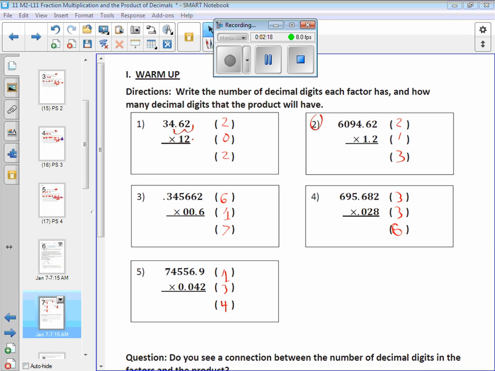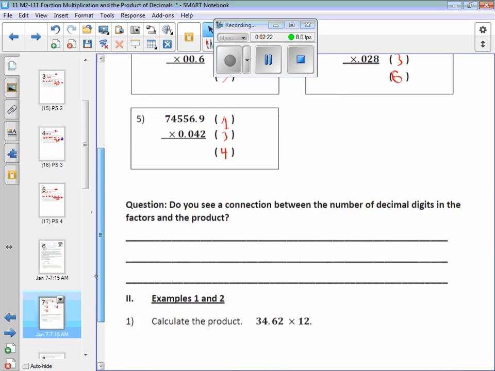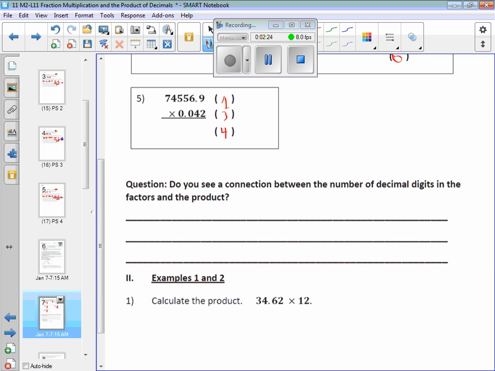Yes. Okay, so the rule is, which we'll summarize here in this next question, is to figure out how many times to move it in the product. You add up the decimal moves in each factor.